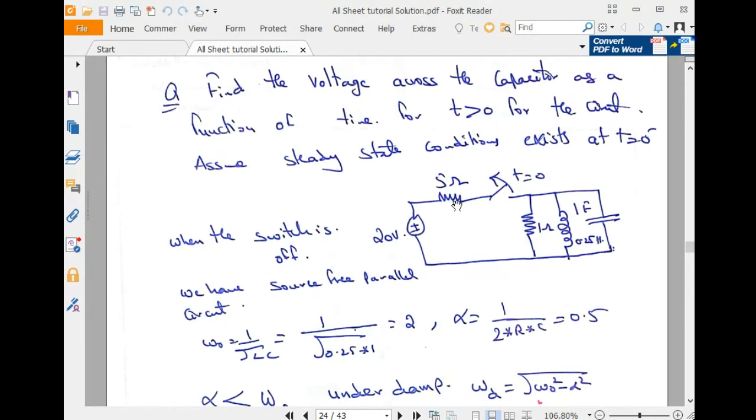That's why the current through the inductor, IL, will be 20 by R. What is R? Just 5. The current will not pass through this 1 ohm resistance. The current passes through the 5 ohm and the short-circuited inductor. That's why 20 by 5. Understood?